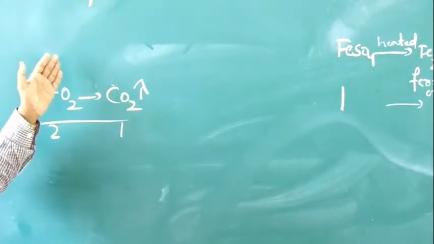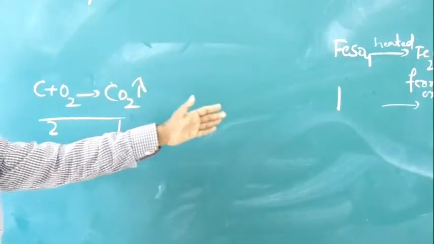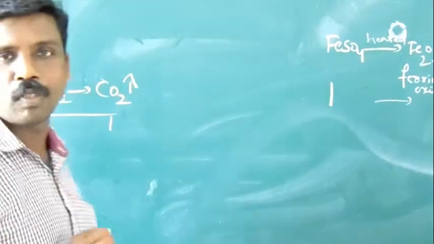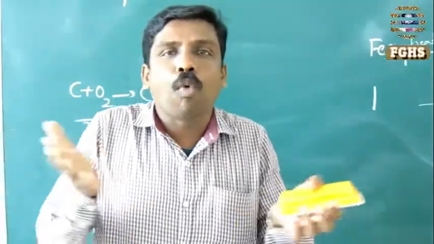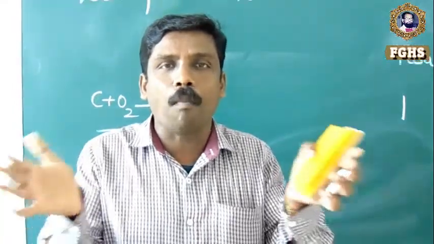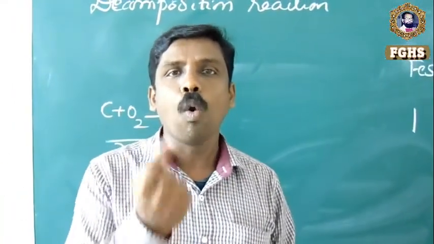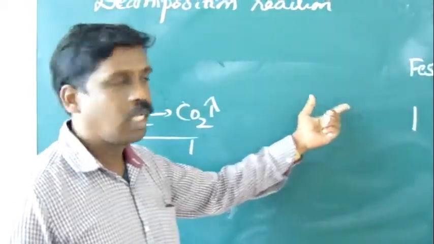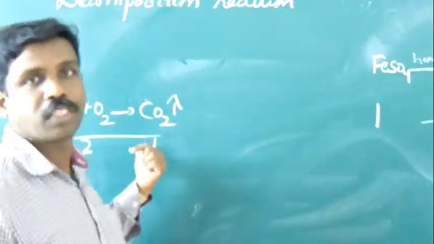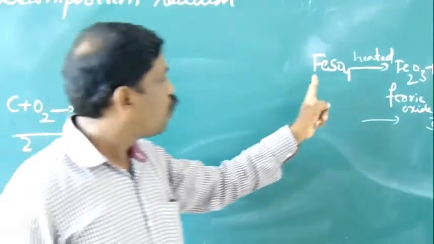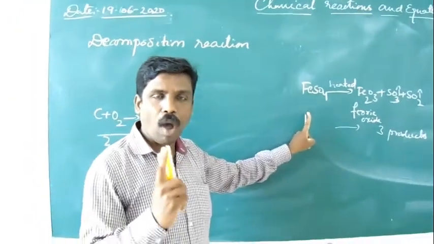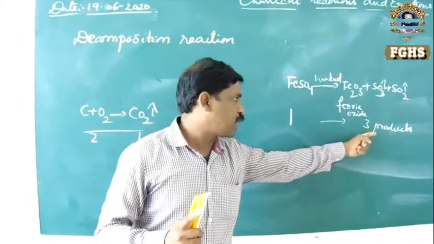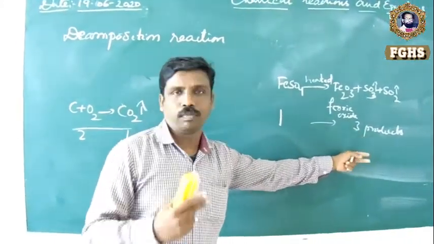That is why the decomposition reaction is exactly opposite to combination reaction. The combination reaction means two or more substances are combined to give one product. But in decomposition reaction, one reactant gets decomposed to give three products. Sometimes it could be two.